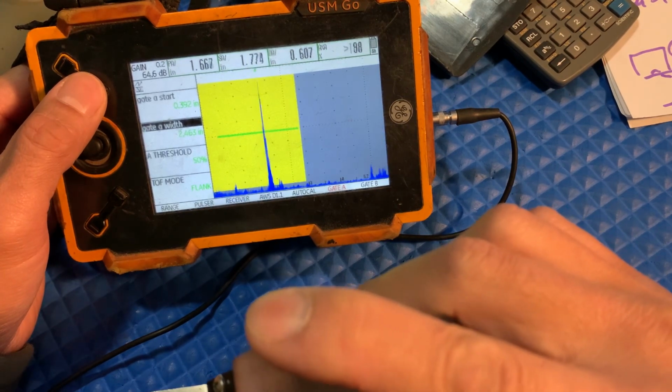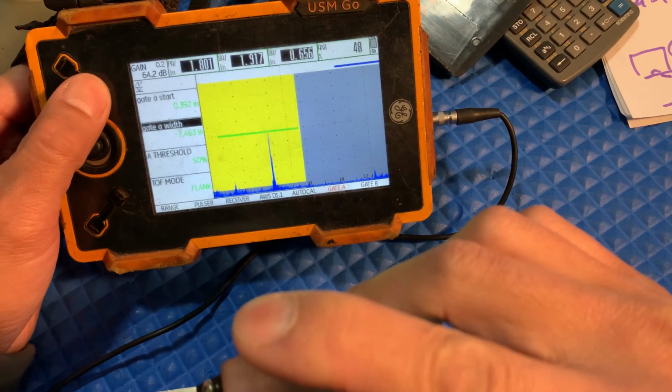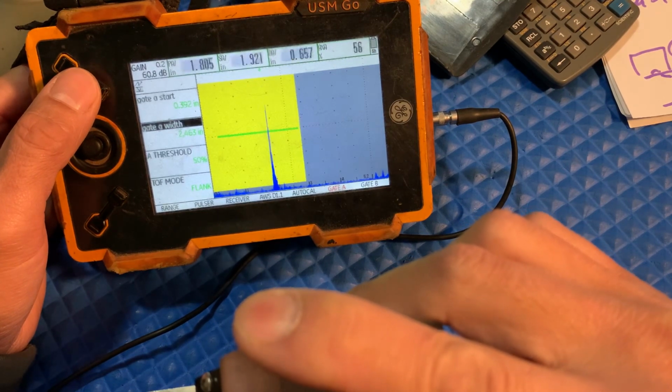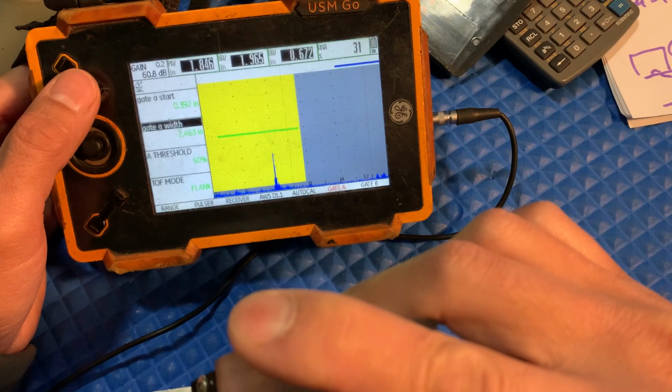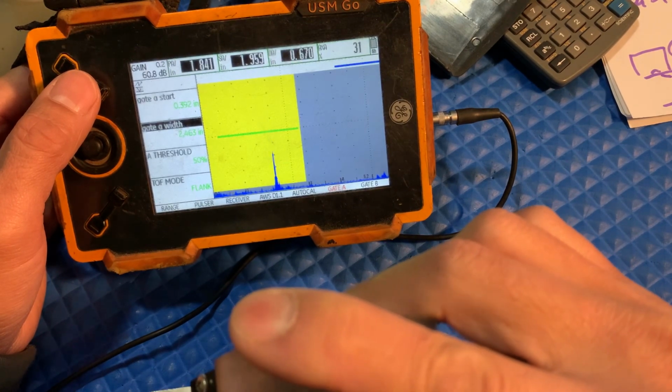So I should still be able to read it at 0.625. Bump my gain down a bit, should be at 60 for reference. Okay, so it's gone at 6.5, in the corner there.